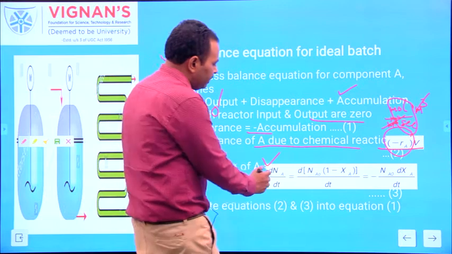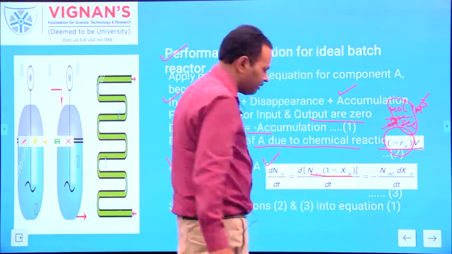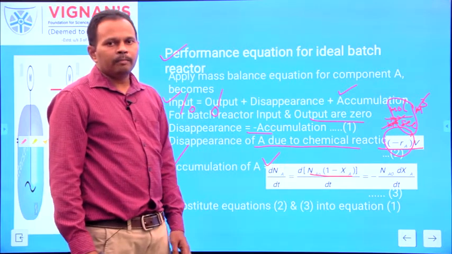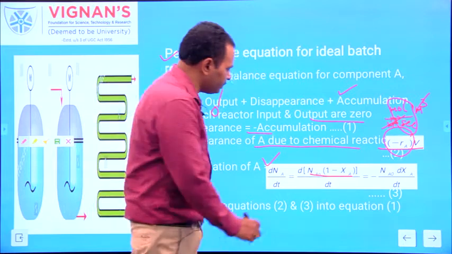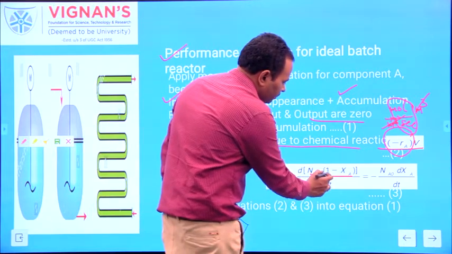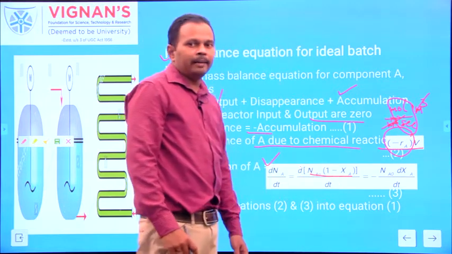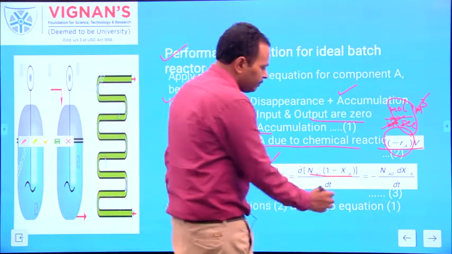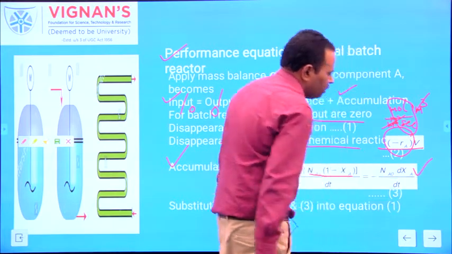So this can be written as NA0 into (1 minus XA). NA0 is the initial number of moles of A. Take it out of the differential. d by dt of 1 is a constant, 0. And then d by dt of minus XA is minus dXA by dt. So this can be written as minus NA0 into dXA by dt. This is the accumulation term.